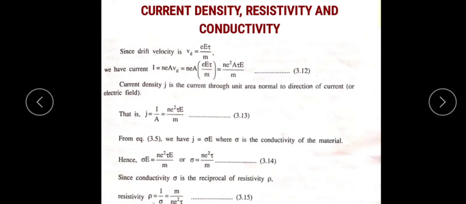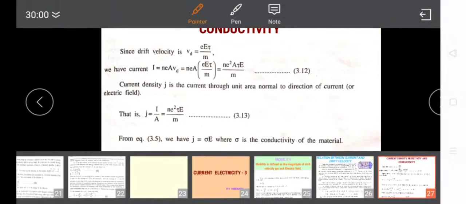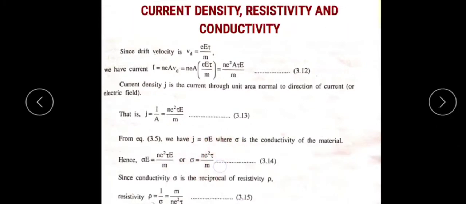The reciprocal of this value gives resistivity, that is m divided by n e squared τ. This is equation number 3.15.